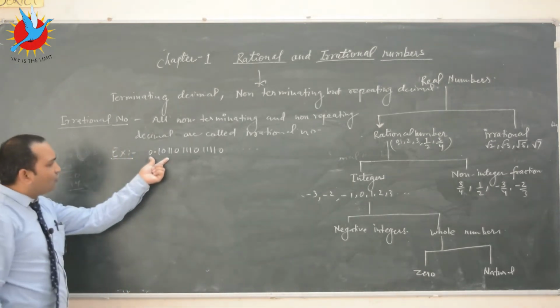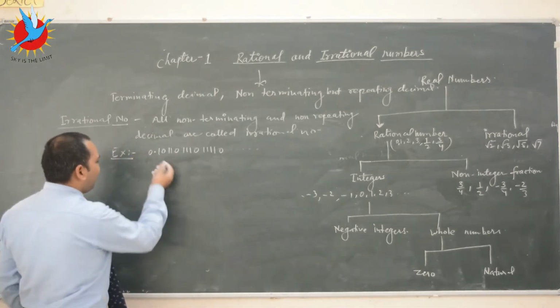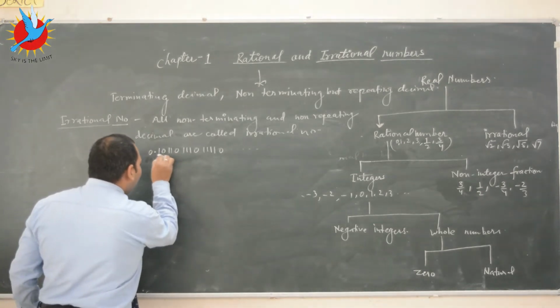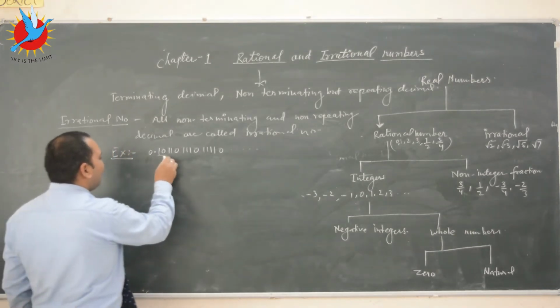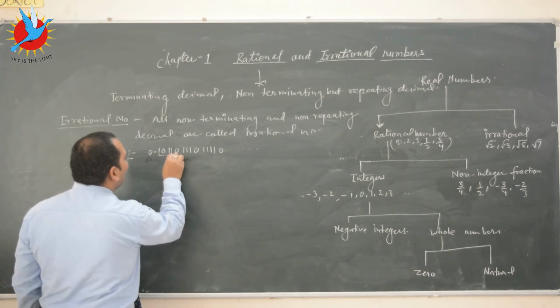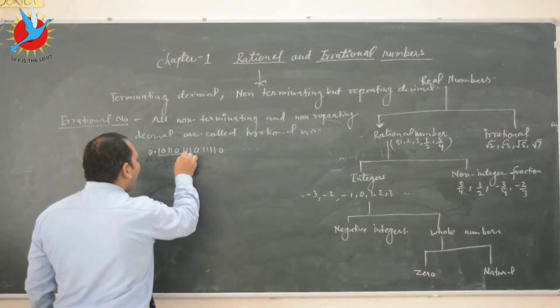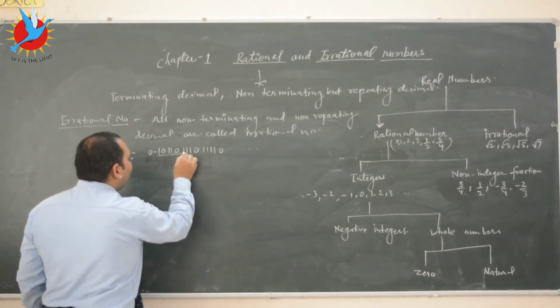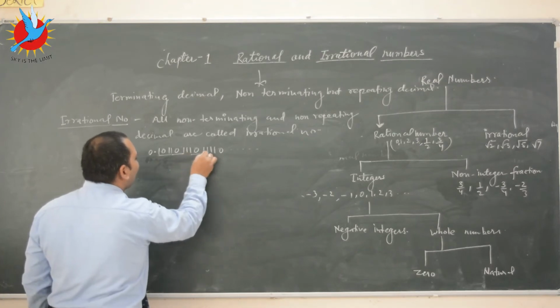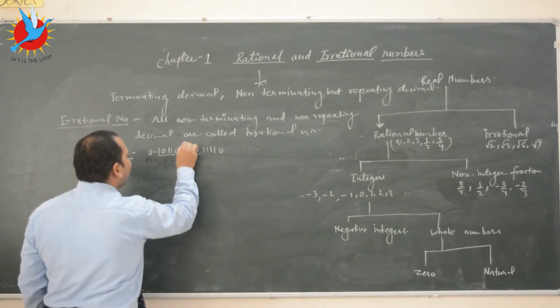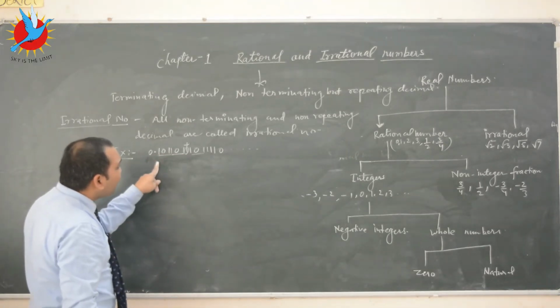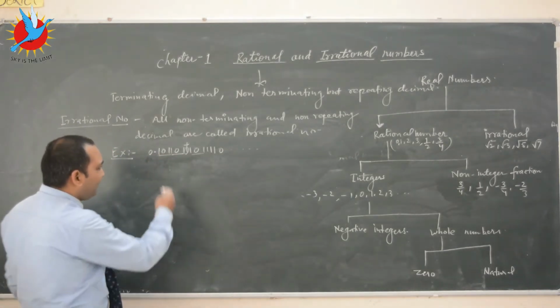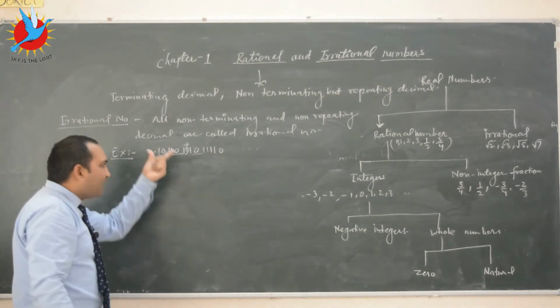Here no digit or period of digits is repeating, so this is non-terminating and non-repeating. Here 101 and here 101, but there is a gap, so it is non-repeating. If it were repeating, it would be a rational number.